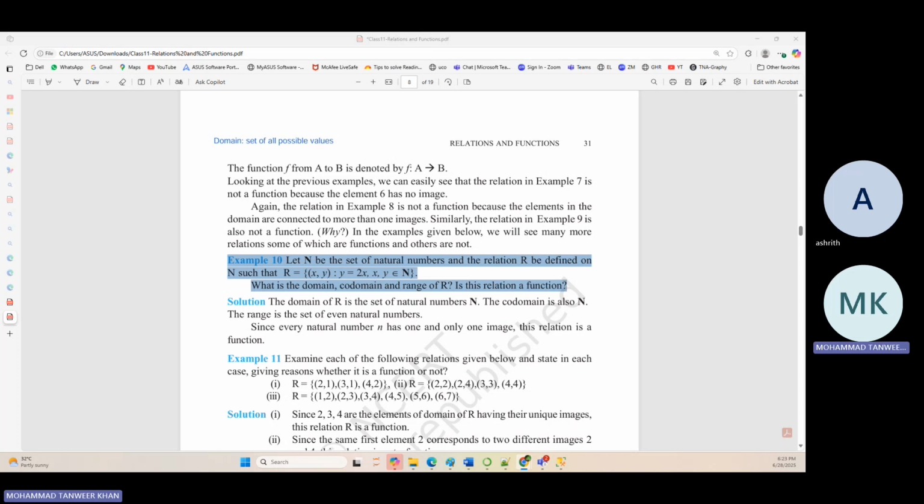Domain means what can be accepted. Codomain means what are the possible outputs you can get. In simple terms, domain means all the inputs, codomain means all the possible declared outputs. Is that clear?